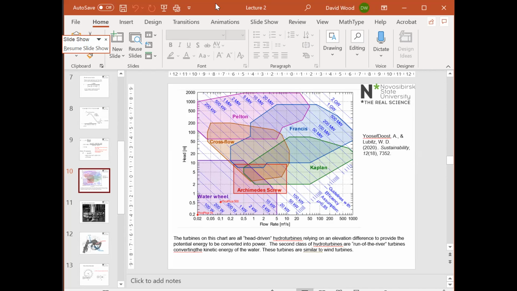I think a power output of around 2 megawatts is probably far too high for a Crossflow turbine, although there is a company in Germany called Osberger who have just built a 3 megawatt Crossflow turbine. So it is possible to build them at high power, but I think they need an unusual combination of head and flow rate to achieve that. So I would actually move the Crossflow region down to the left, which gets rid of one of the turbines that I have to consider.